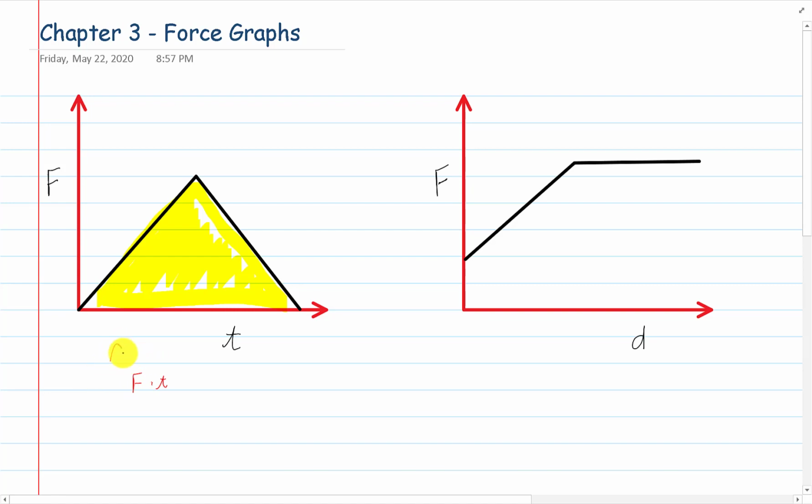So the area under a force time graph gives us, what's force times time? That's impulse. That's impulse. It's the change in momentum.